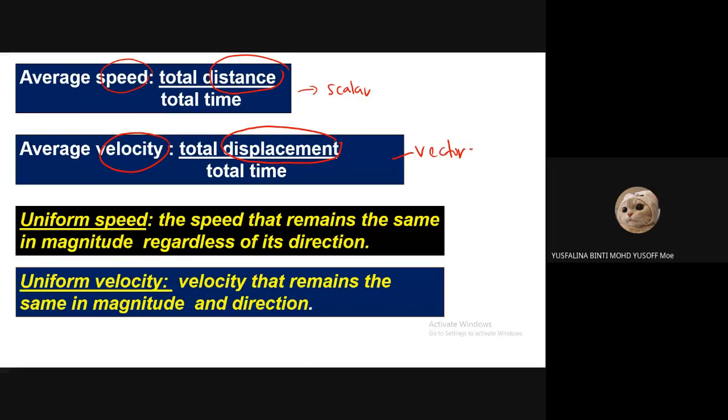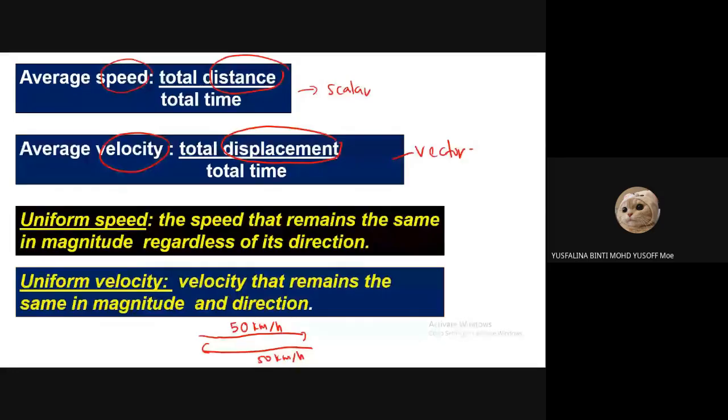The next part is uniform speed. What is uniform speed? It means the speed remains the same in magnitude regardless of its direction. Let's say I drive a car at 50 kilometer per hour, and then I turn back my car, and I still move at 50 kilometer per hour, even though the direction is changed.